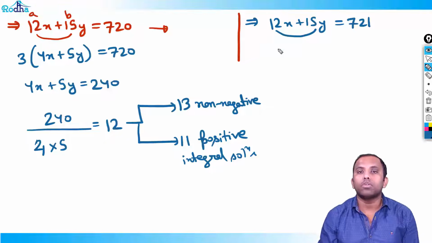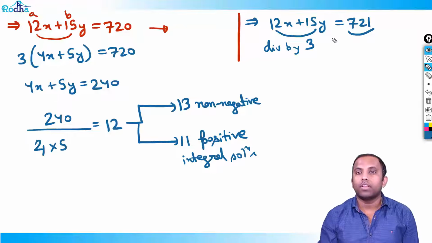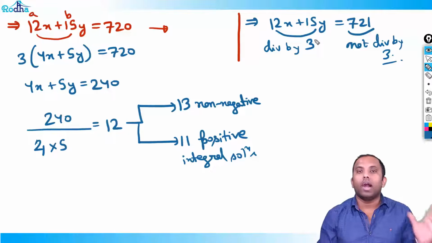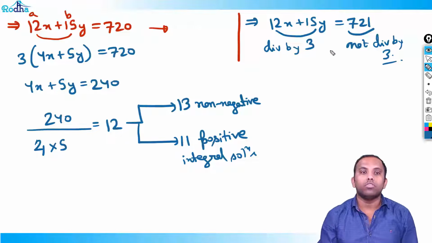There's no solution, because the left side is divisible by 3. We discussed this kind of case. The right side is 7 plus 2 plus 1, 10, and the divisibility rule for 3 is that the sum of the digits should be divisible by 3. So 10 is not divisible by 3. The LHS is divisible by 3, the RHS is not, so no solution. That's it.